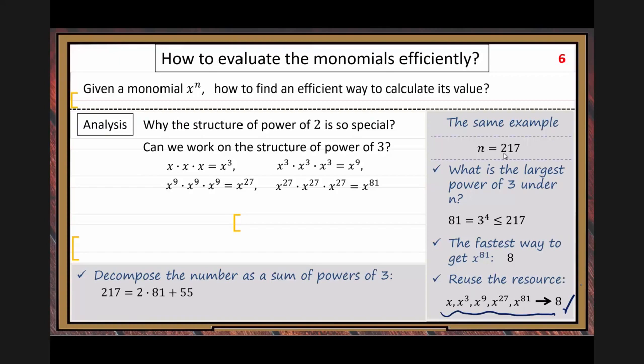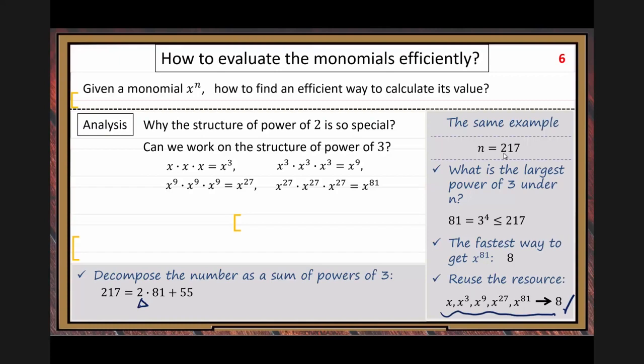All right. 217 equals 2 times 81. Why 2? Because in our ternary representation, we can use coefficient 2. 2 is less than 3, right? If the coefficient is less than 3, we can use it. Binary, because the coefficient must be less than 2, only 1 and 0, you cannot use 2.